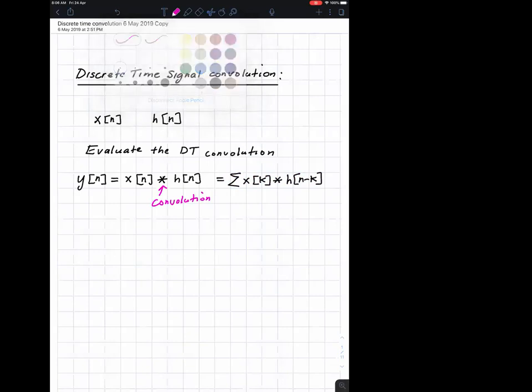Or it can be the other way around also, and you still get the same answer. For example, for k from negative infinity to positive infinity.